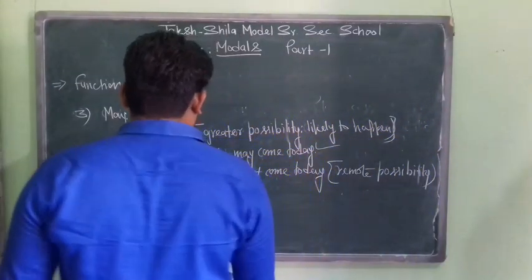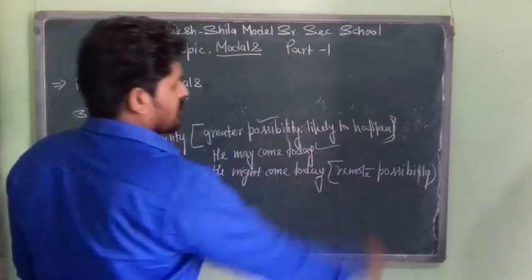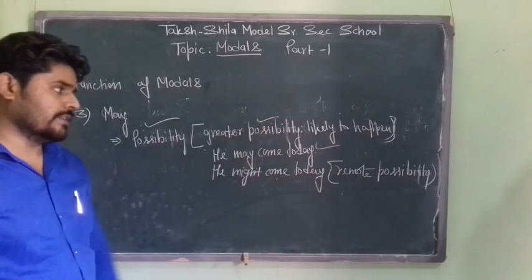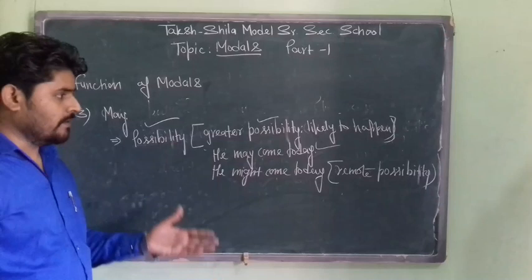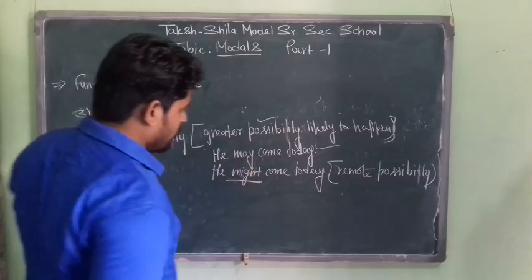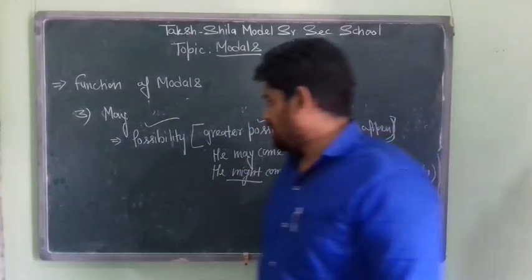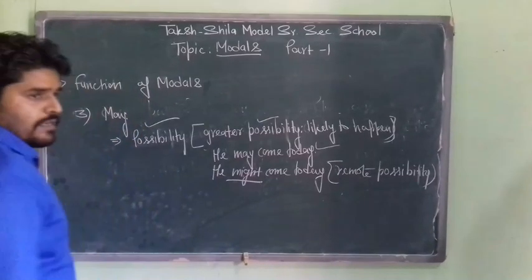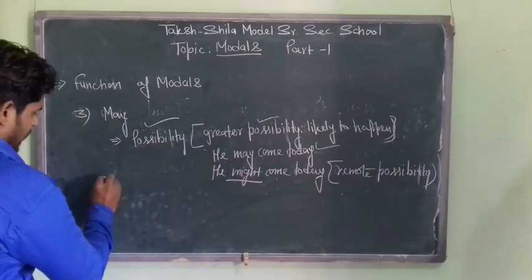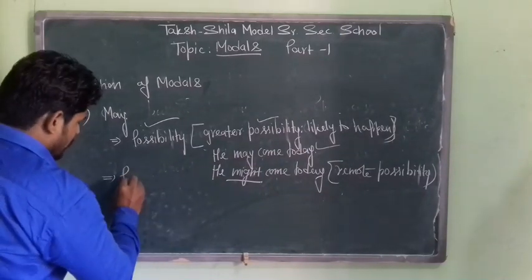So students, here we come to know that may is used to express possibility, but this is greater possibility, meaning the event is likely to happen. But when we use might for possibility, this event is not likely to happen, or there are very little chances that it may happen. So the second use for may, first is possibility, second is again permission.